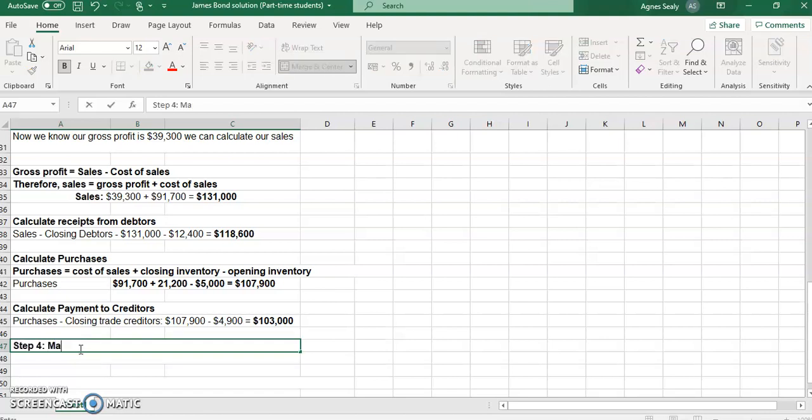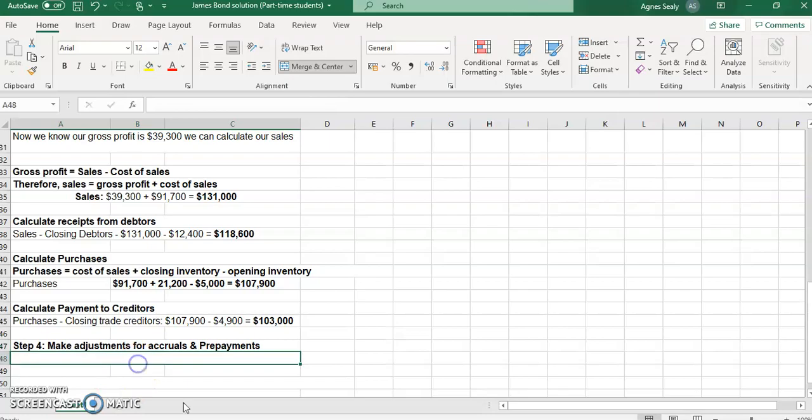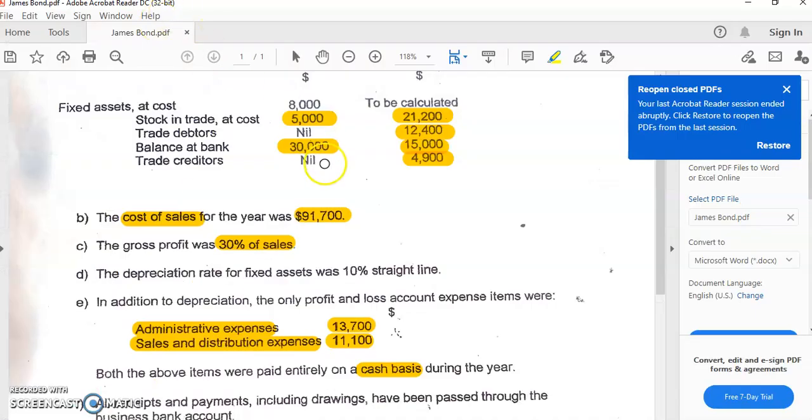which you usually have to do, is to make adjustments for accruals and prepayments. So let's see in this question if we have any accruals and prepayments, and most likely we will not, because they said that the expenses were paid on a cash basis. So they basically pay the persons when they had to pay them, so they don't have anything outstanding.